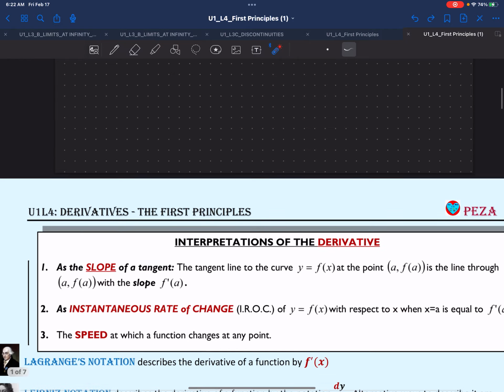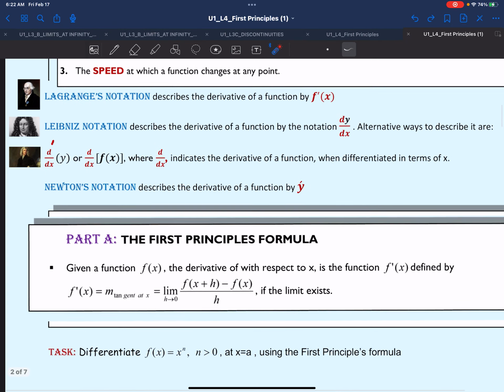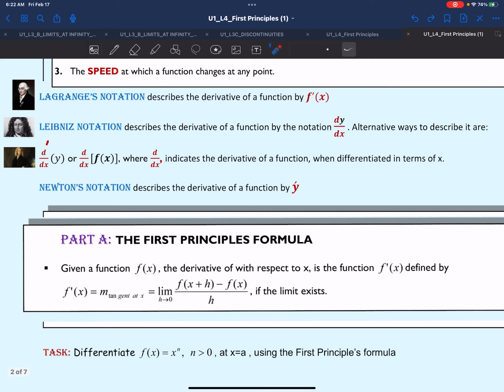Next, what notation do we use for the derivative of a function? Because many mathematicians analyzed derivatives in different places at slightly different times, each of them came up with their own notation. We're going to start off with Lagrange's notation.